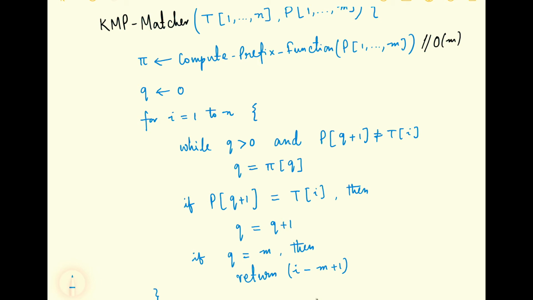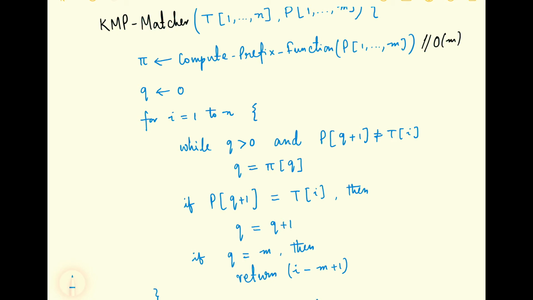So while q is greater than 0, can I extend this partial match? That means if p q plus 1 equals t i, I can extend. On the other hand, if p q plus 1 is not equal to t i, that means this partial match I cannot extend.